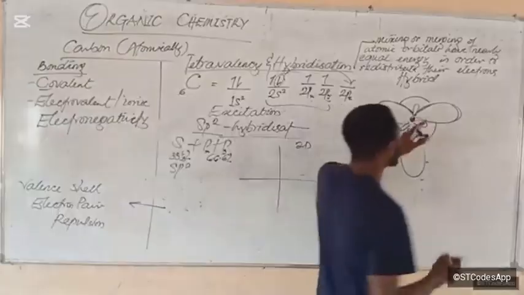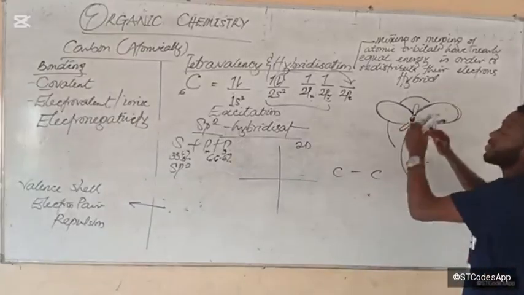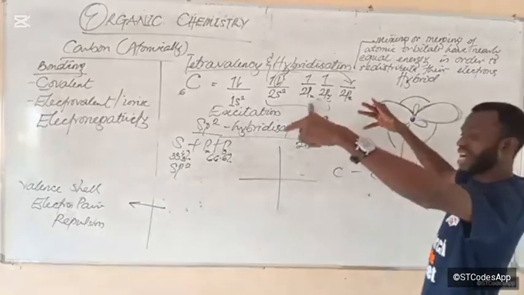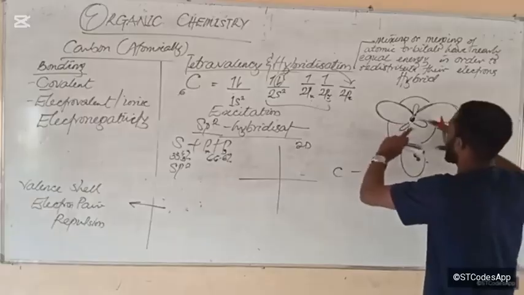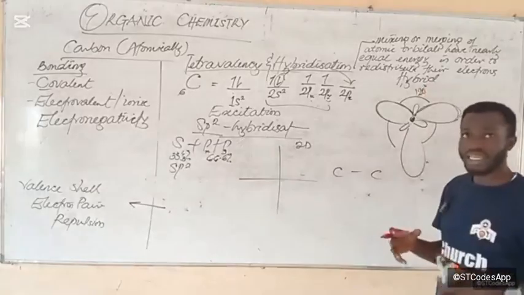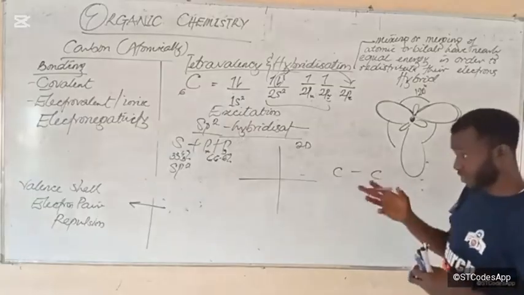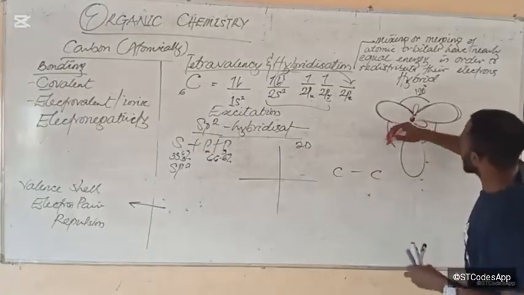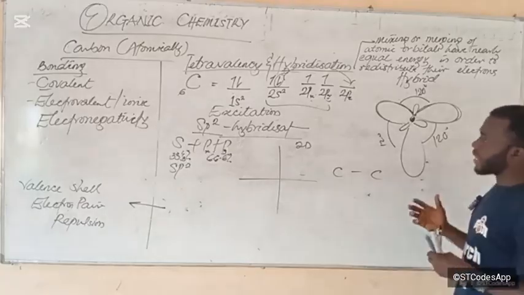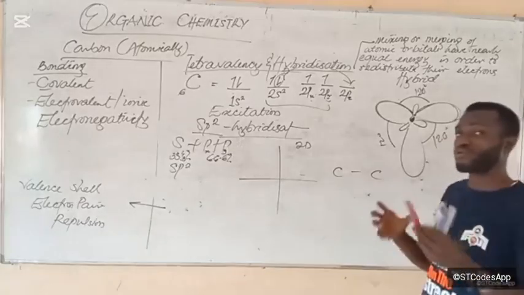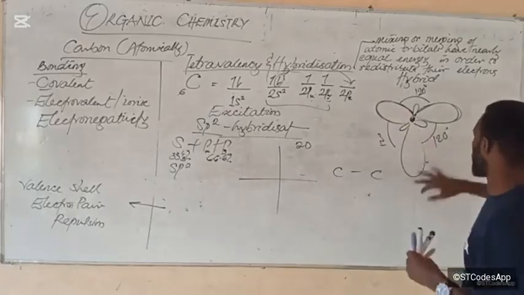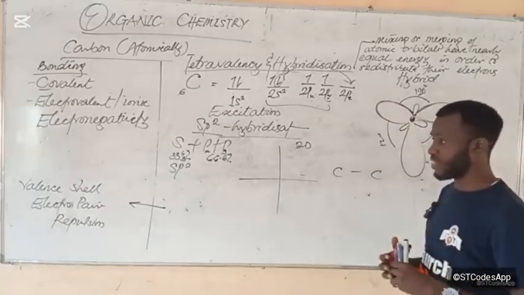The shape that will be formed, because they are going to push themselves as far away as possible, is that they are going to be about 120 degrees away from each other, by the VSEPR theory again. Another atom that wants to form a bond with them will come and attach itself to these three ends of the trigon.